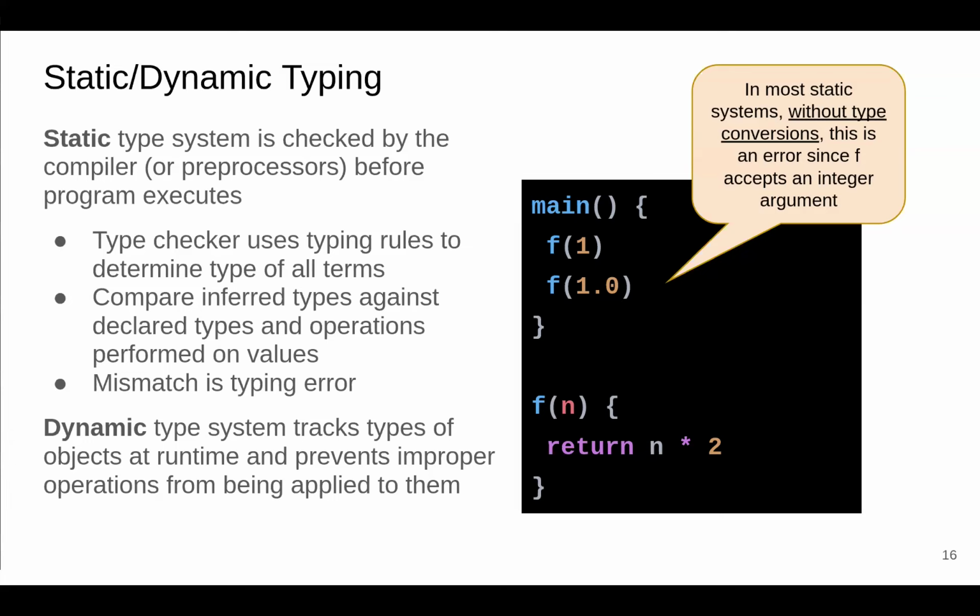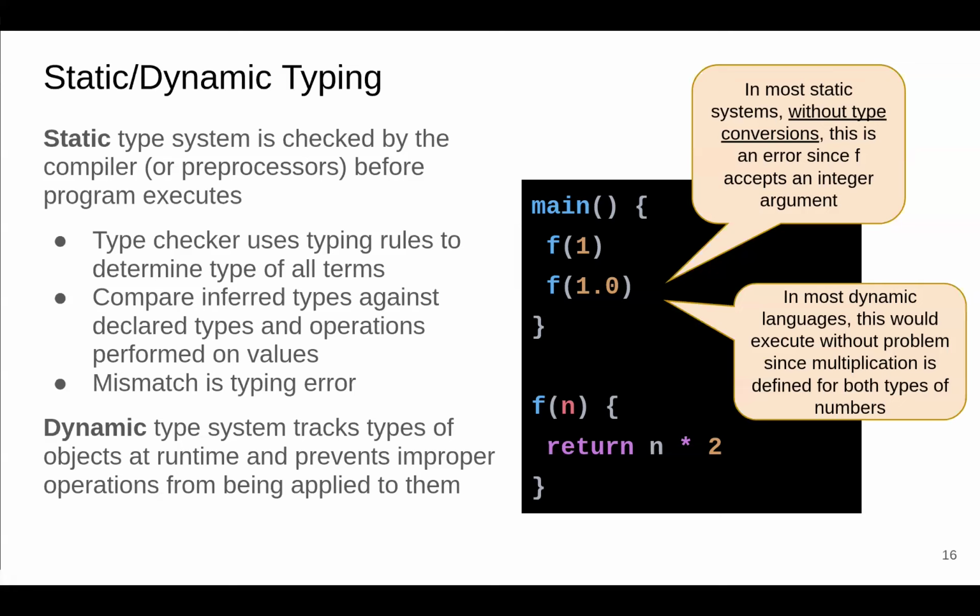And then when it sees a float later on, after it has defined function f as taking an argument of integer type, it will throw an error because the typing information that the compiler inferred is tied to the function. It says this is an integer argument. I've learned this through this abstraction here. Now I see a float and I will throw an error because it's not an integer argument.